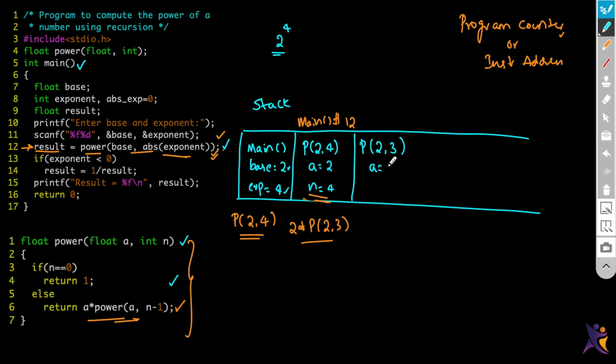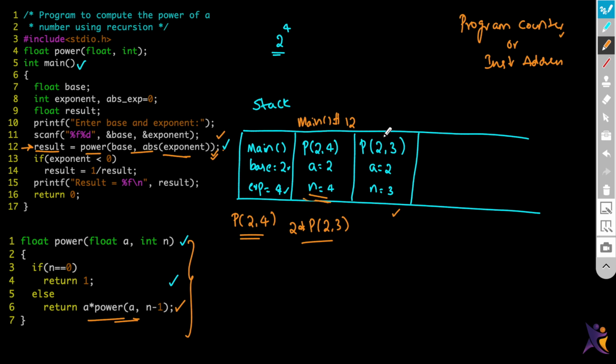I am just representing the essential values, which are a and n. So this is my activation record. Along with it, I will have the program counter, which represents the address of the instruction to be executed after executing this.